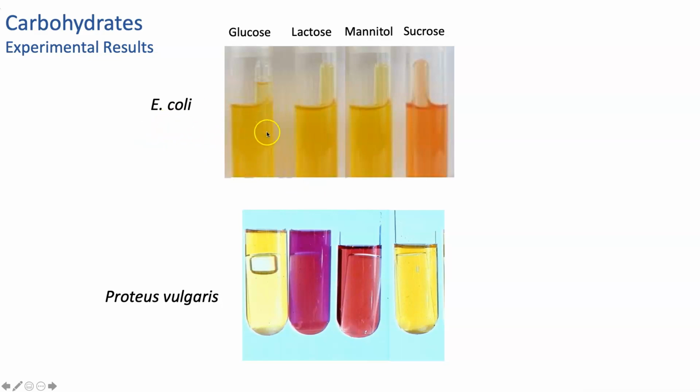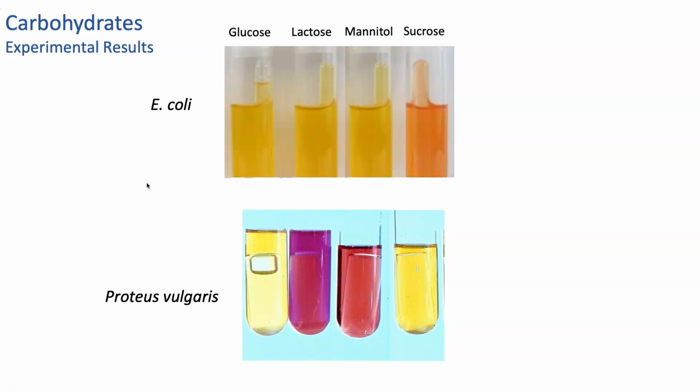We inoculated 2 sets of carbohydrate panels, one with E. coli, and another one with Proteus vulgaris. Let's analyze our experimental results after 18 to 24 hours of incubation at 37 degrees, which is the optimum growth temperature of E. coli.